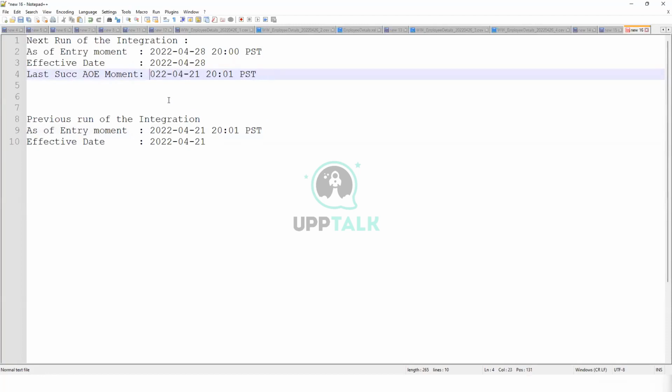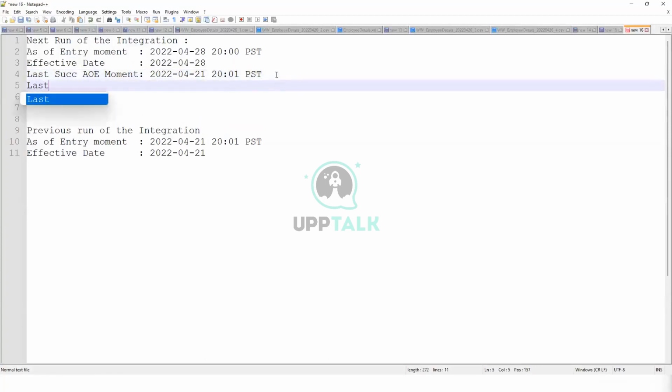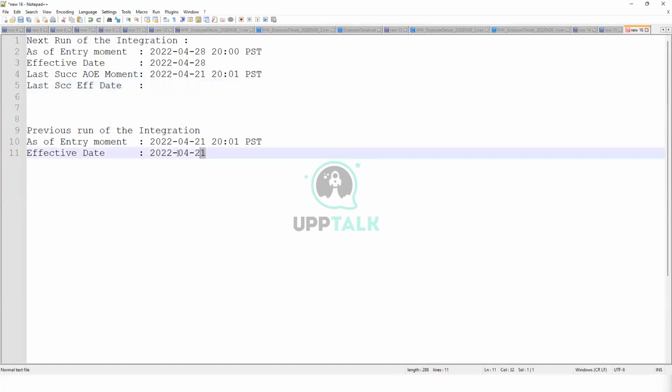We all agree to that, right? Because that is the last successful run, because I hope that the integration completed successfully. And the last successful effective date, what will that be? It is the 21st of April, right? Because that was the effective date in the previous run of the integration.